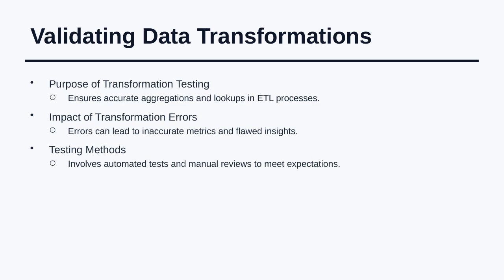To catch these issues, we use a mix of automated tests that quickly scan for common errors and manual reviews, where a tester carefully checks whether the data matches what's expected. This combination helps ensure that the data we end up with is accurate and reliable, preventing problems that might otherwise go unnoticed in complex data workflows. Next, we'll dive into some specific hands-on testing examples to see how these validation steps work in practice.